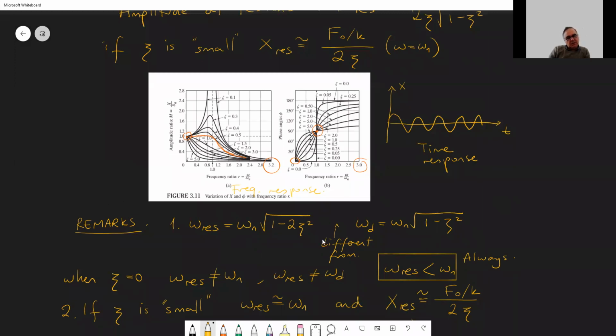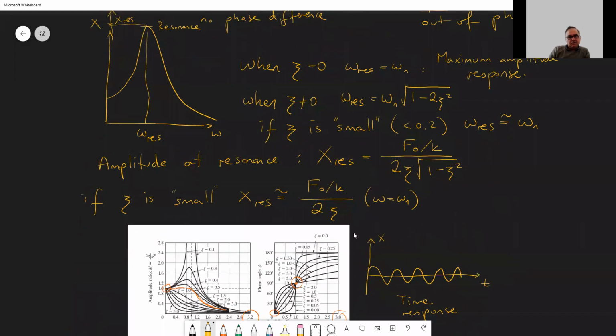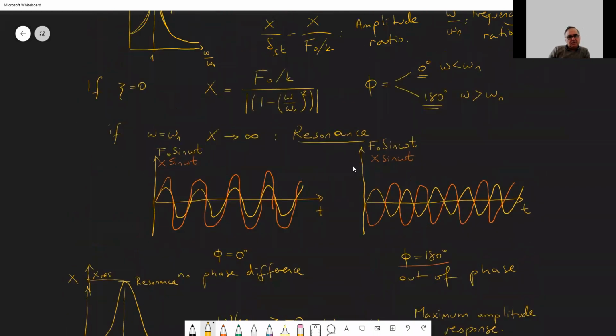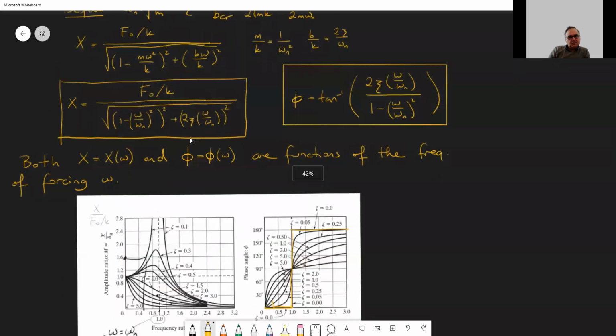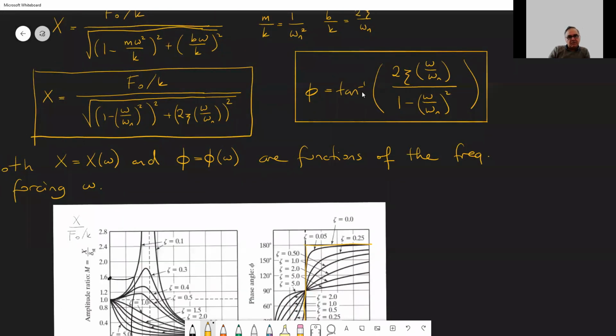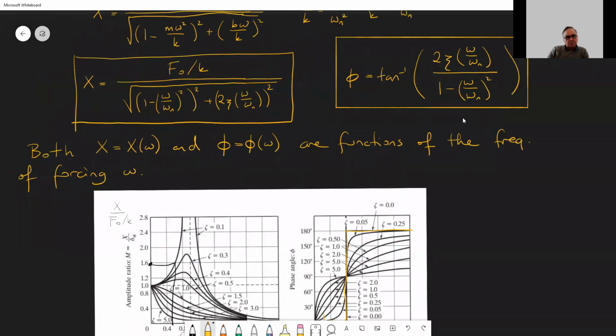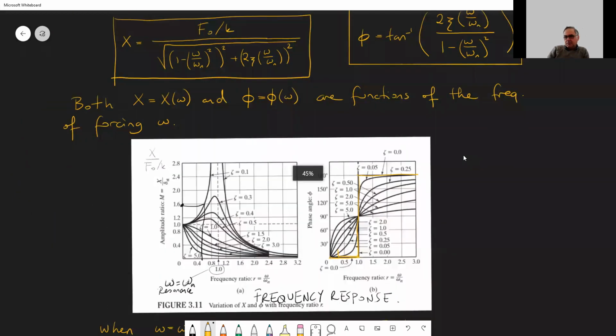And the remarks are given in order to explain the results we have gotten from the following diagram, which is basically a plot of these equations, okay? These formulas, x and phi. Okay, that's all for today.